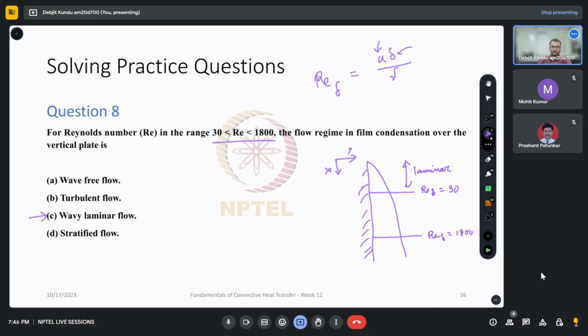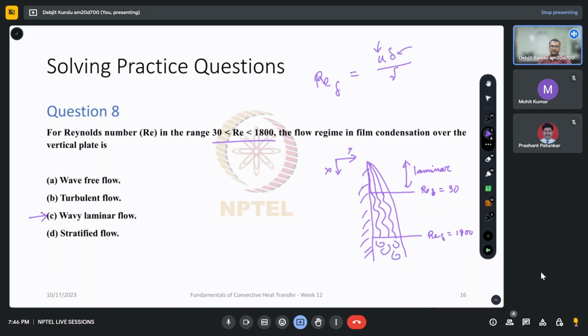Here there will be perfectly parallel lines of laminar flow, then these lines would start showing some waves like this, but the general properties of laminar flow are still conserved. After 1800, chaotic motion sets in.